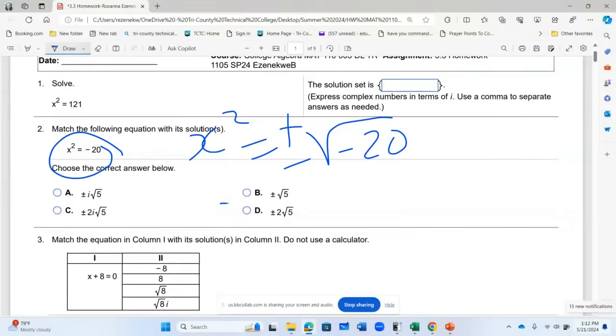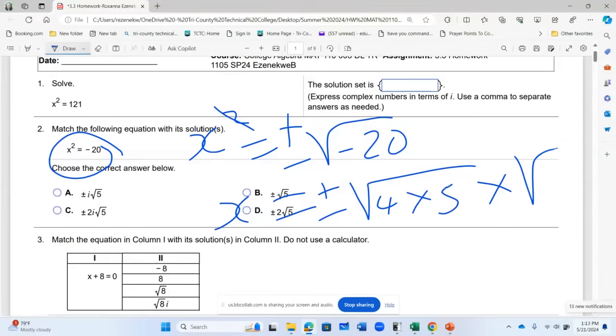So you want to rewrite it. And remember that whenever you take a square root, you cancel the square. So x is equal to plus or minus, I want to factor 20. I can say 4 times 5 multiplied by square root of -1. We already know that square root of -1 is a complex number.